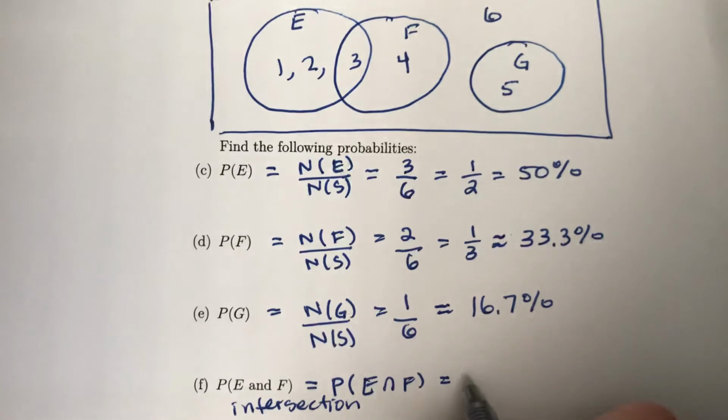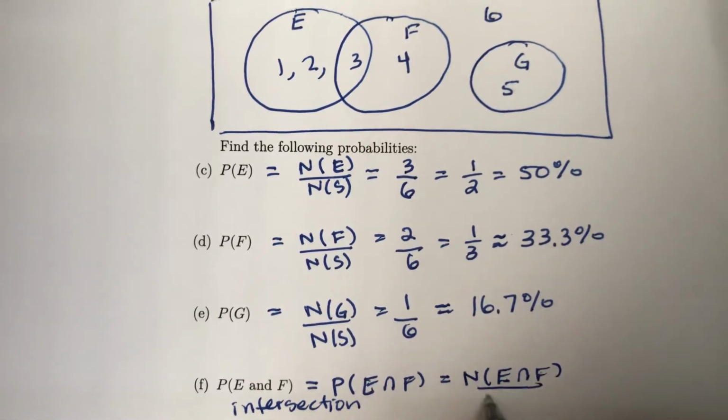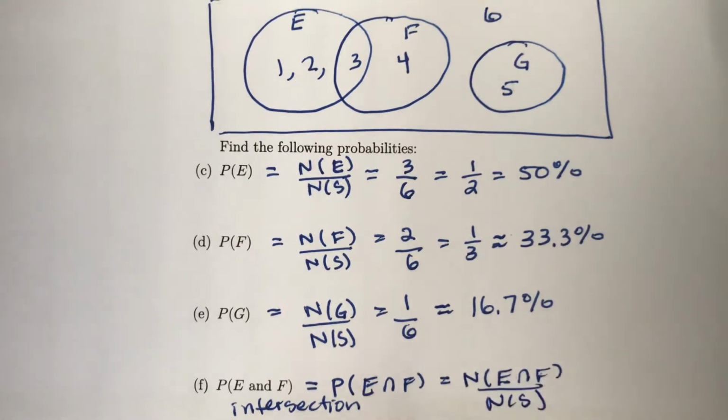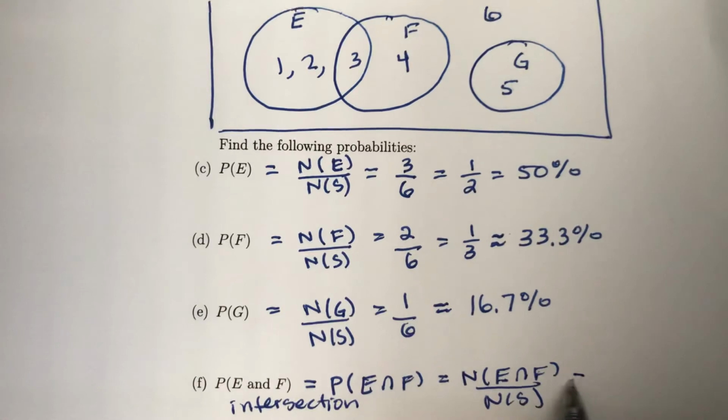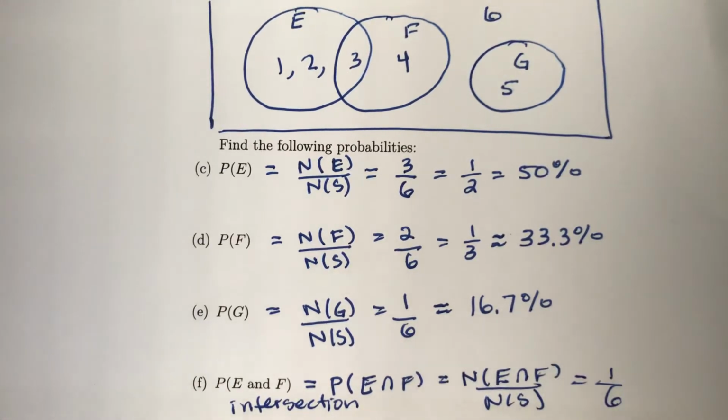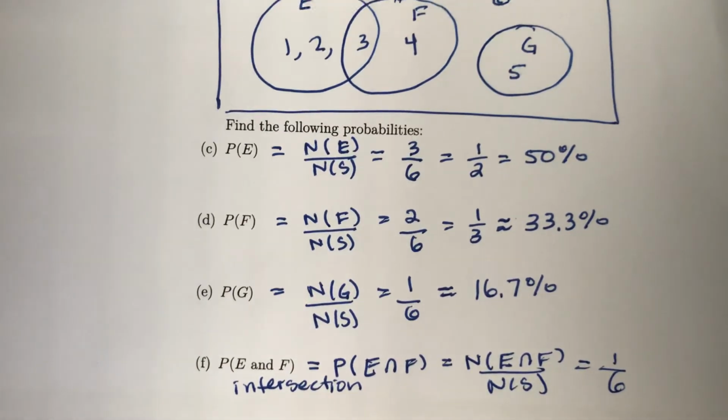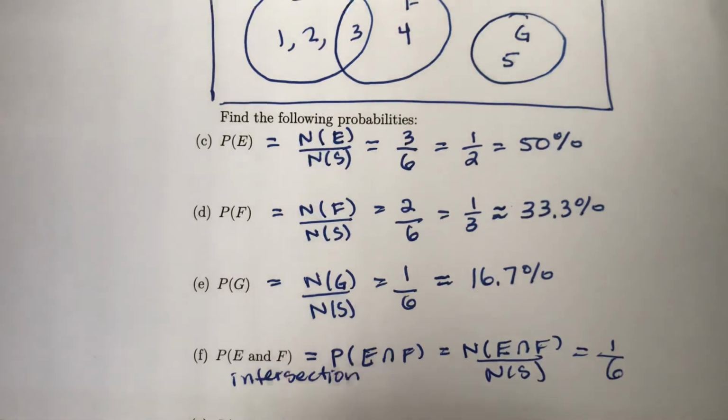So we look at the number of ways we can have that intersection, and there's just one way, because you can have 3, and that's out of 6 in total. Again, that's around 16.7%.